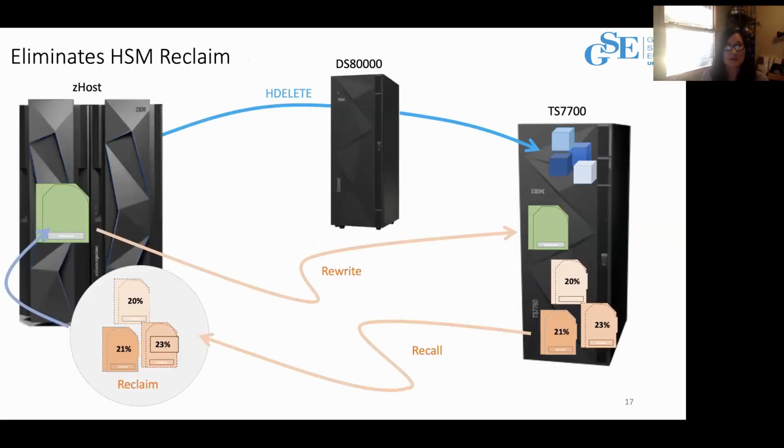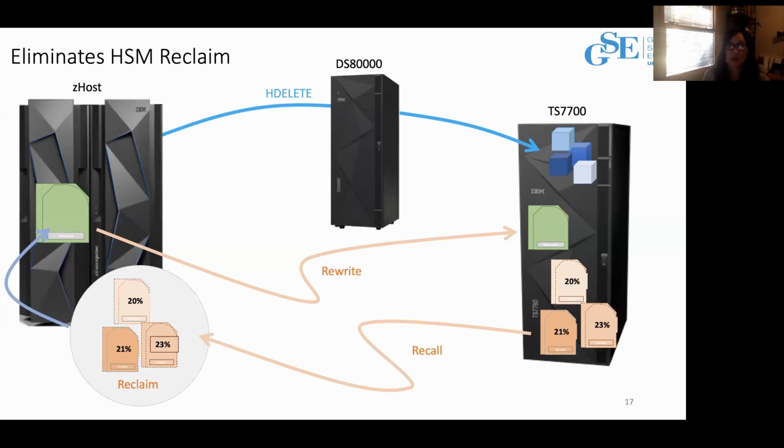A third and just as important item that this resolves is HSM reclaim, that recycle that you have to go through. On physical tape, or even virtual tape, when you store all that data into one larger volume, that data expires separately, differently.